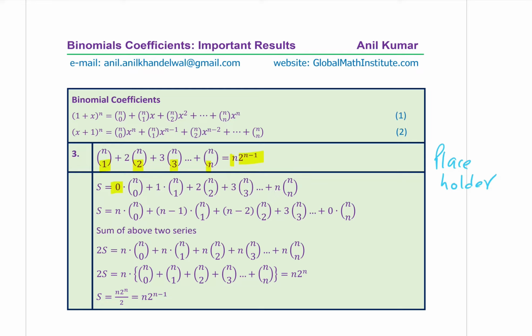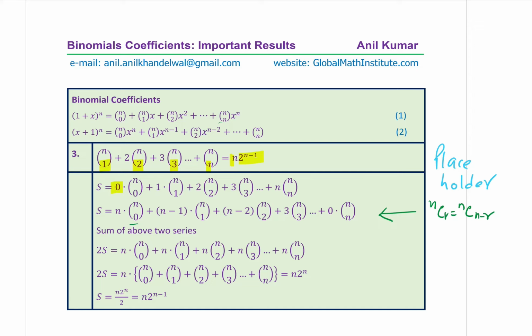Now see the beauty. What we have done here is we have written it n choose n, n choose 0, we have written it in the reverse order. At this stage we know nCr is equal to nC(n minus r) also, right? So we have used this and then written these terms.